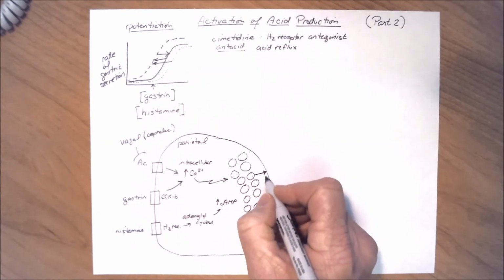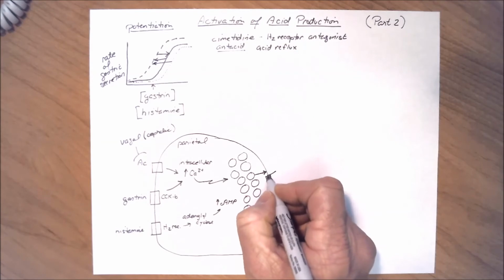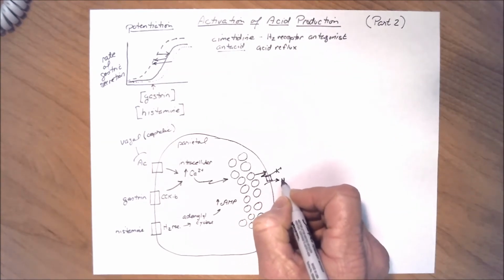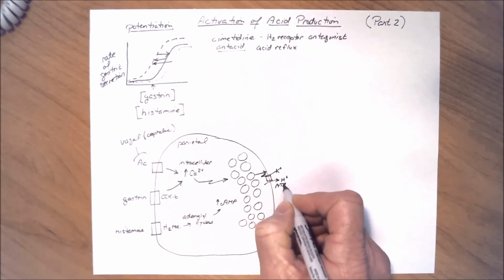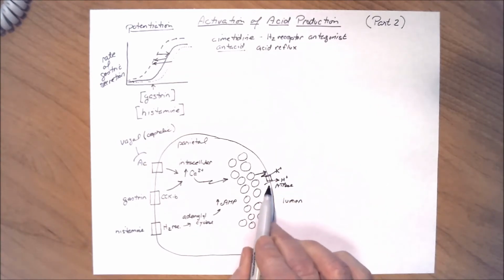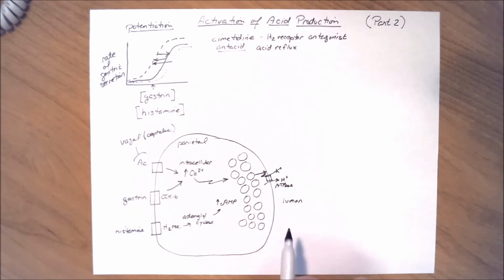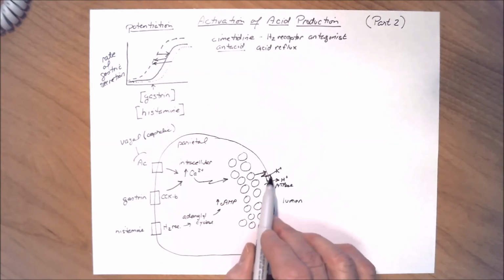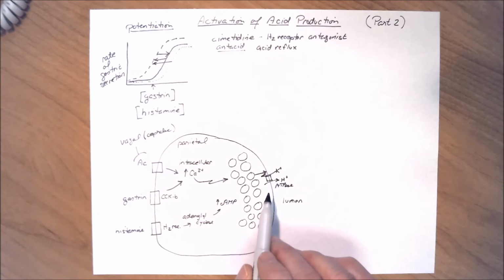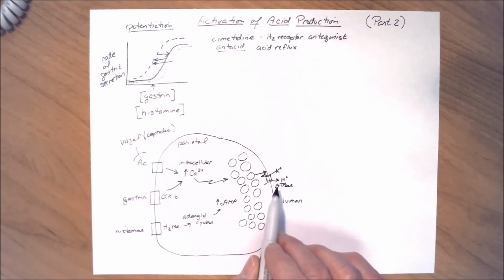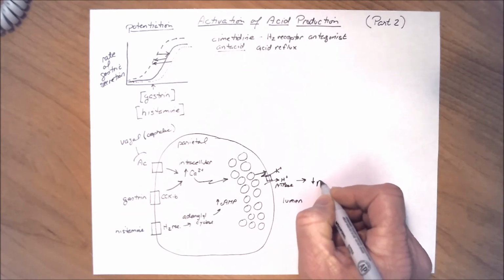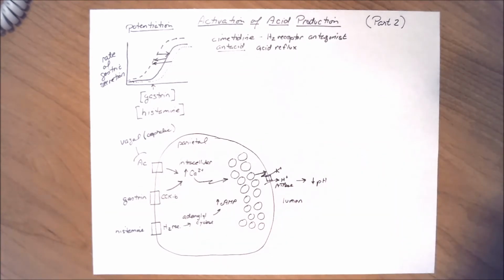When that happens, the potassium proton ATPase transporter is exposed to the luminal surface. Before, it was sequestered in one of these vesicles. Upon fusion with the cell surface, it is placed where it can pump protons out into the lumen of the stomach and decrease the pH.